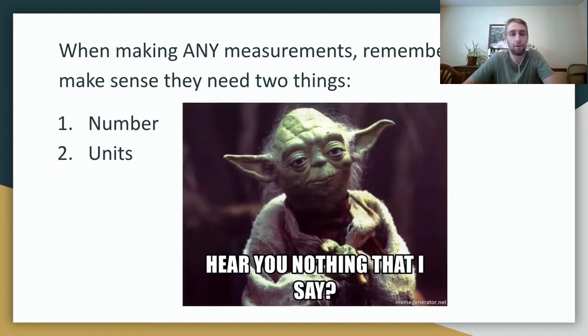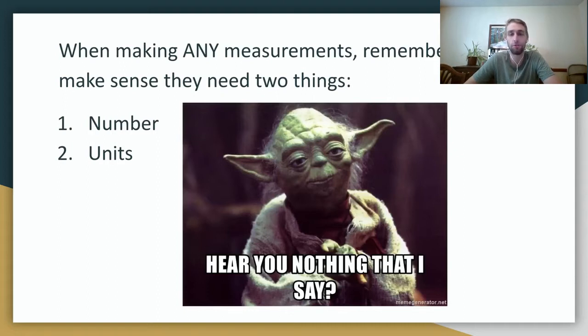And another one, when you're in the lab, this is a real common mistake. Any measurement you make needs two things. It needs a number, but it also needs units. Like if you tell me the mass is 5 what? It doesn't make any sense. 5 grams is really different than 5 kilograms. It's 1,000 times smaller than 5 kilograms.